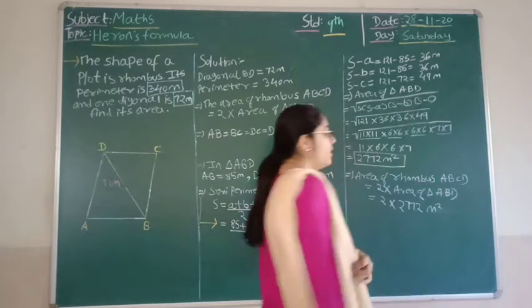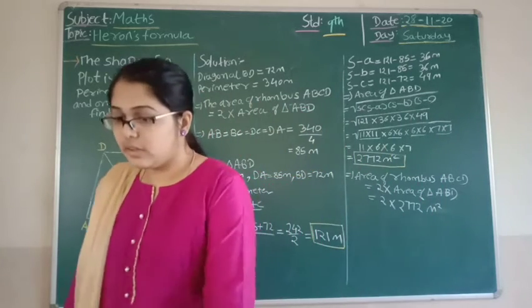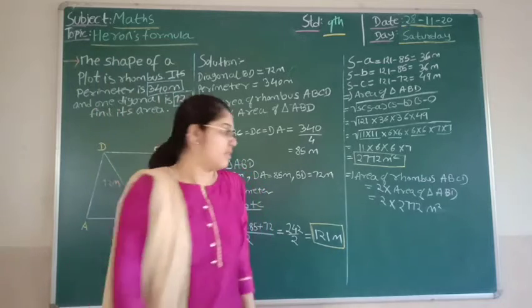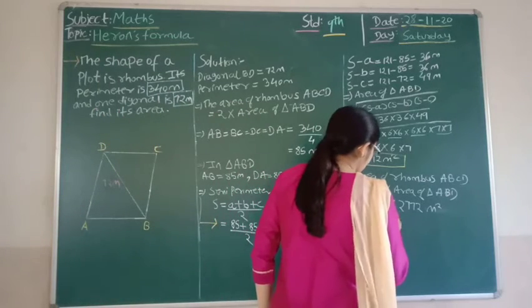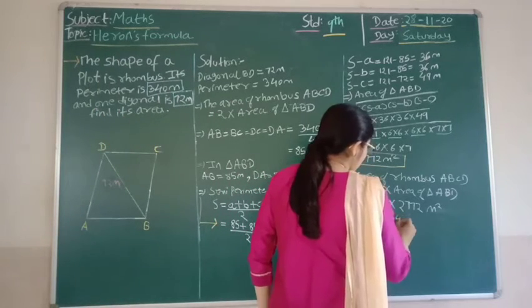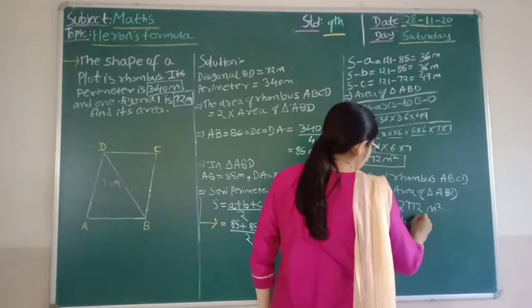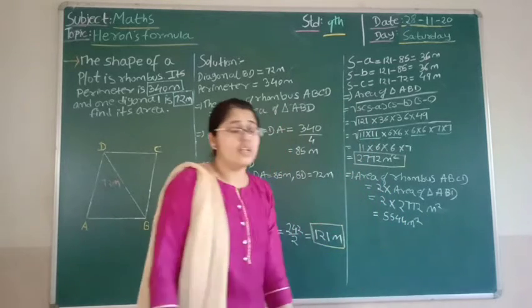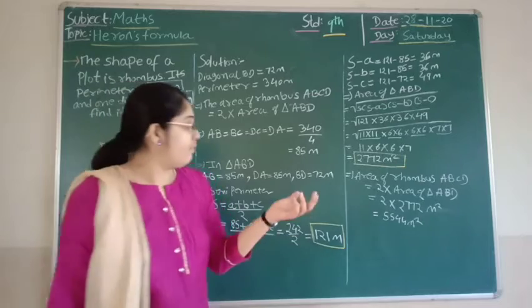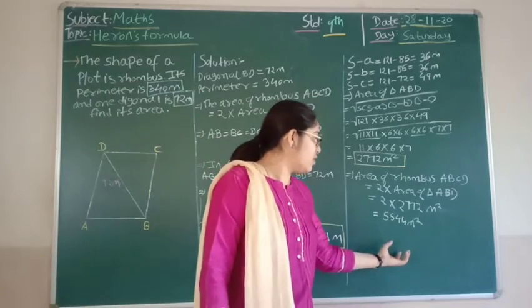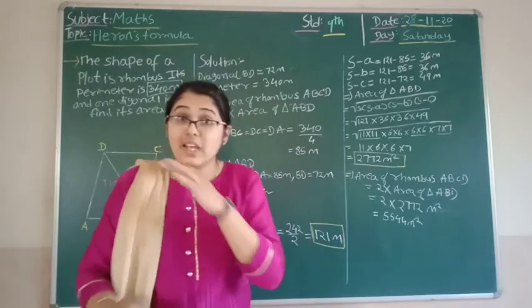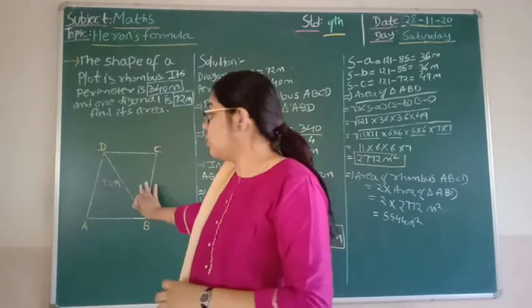And remember to write the unit behind this term, that is meter. So try to multiply this. The answer will be 5544 meters square. This will be the area of the rhombus.